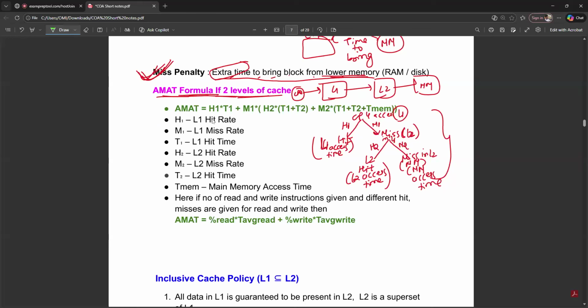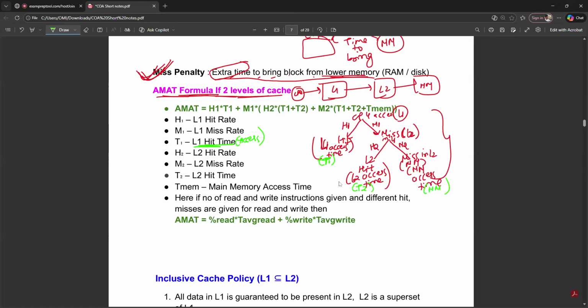Now how to find it? Let's say this is the access time of L1. Access time and hit time are both the same, so this is T1. What is the hit time of L2? The L2 access time, so here T2 is given, and here the main memory.